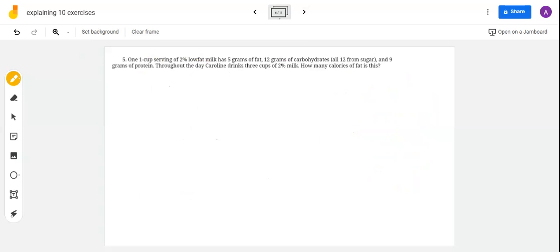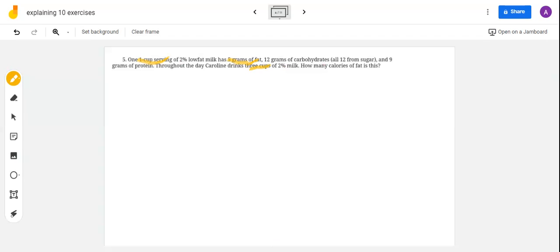So for this, it's very similar to the previous question, which was question 2. So pretty much the same method. So they're asking for the total calories of fat, right? And it says here that milk has 5 grams of fat per 1 cup serving, but she drinks 3 cups.